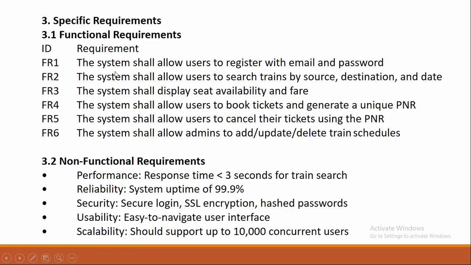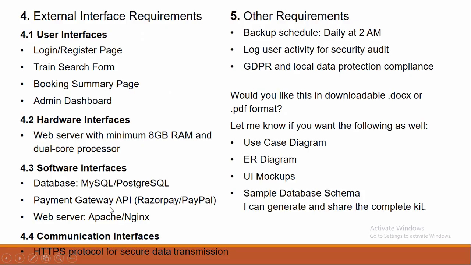What I want in my system, and what the non-functional requirements are, meaning what performance I want in my system, how reliable my system should be, then security, usability and scalability, which I'm going to write in non-functional requirements.